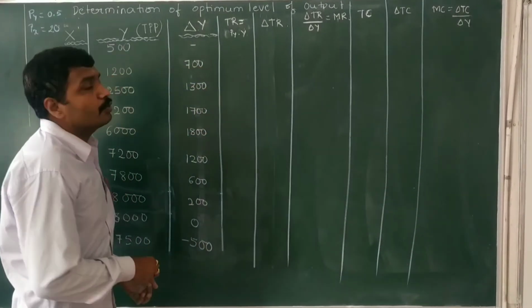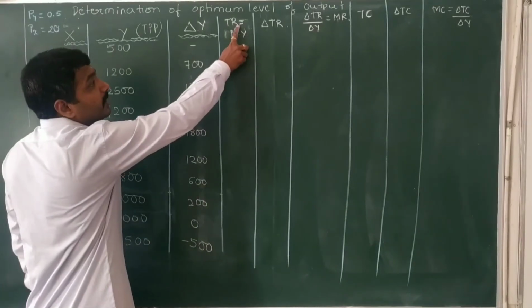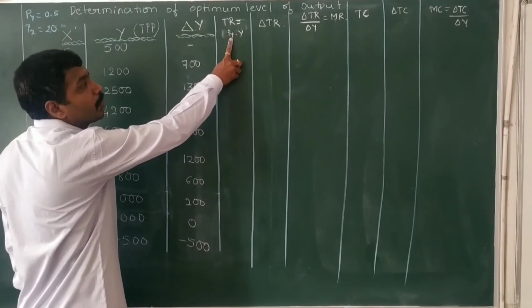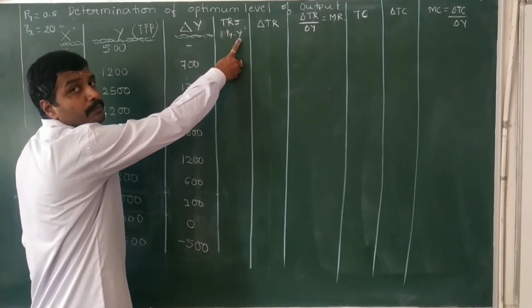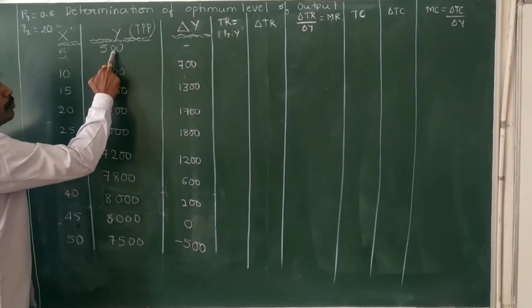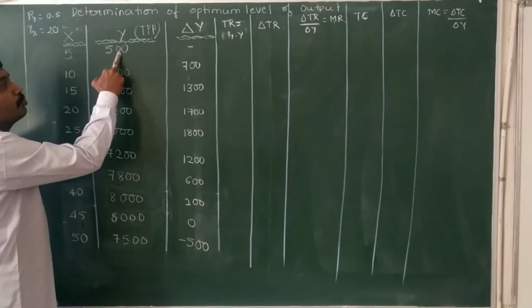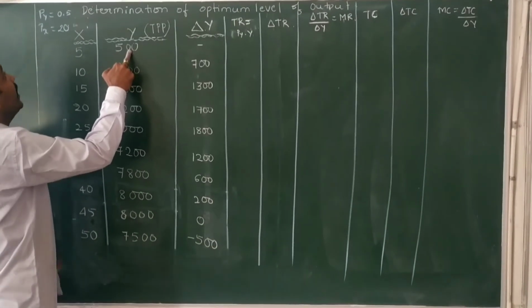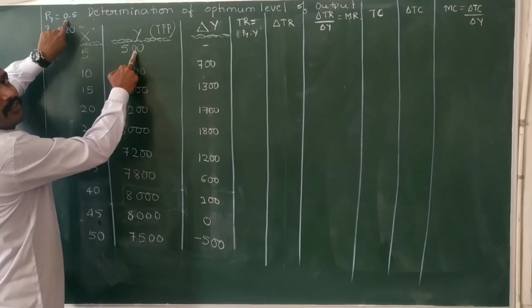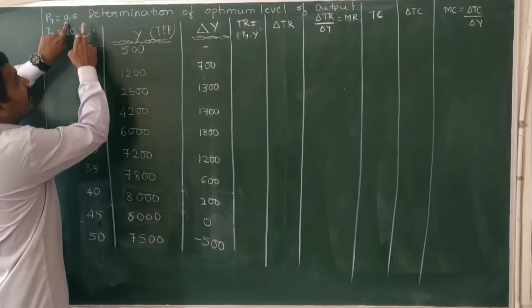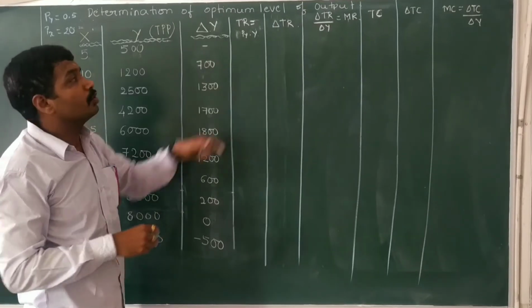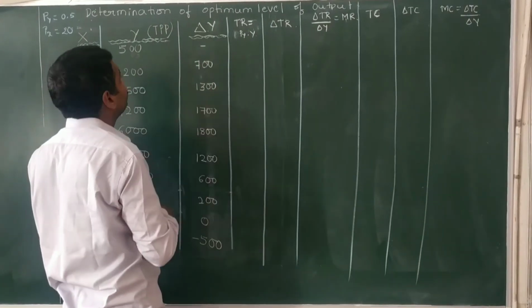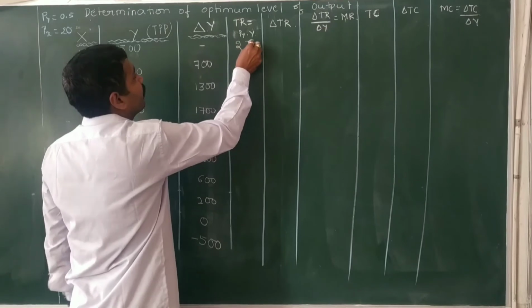Okay, so now how to determine TR? TR, you know that it is nothing but it is a product of price of output and quantity of output produced. Quantity of output produced is given, it used to be 500, okay, and price of output is 0.5, such that if you multiply 500 with 0.5, then you are going to get the TR. Okay, so the corresponding TR is to be 250.